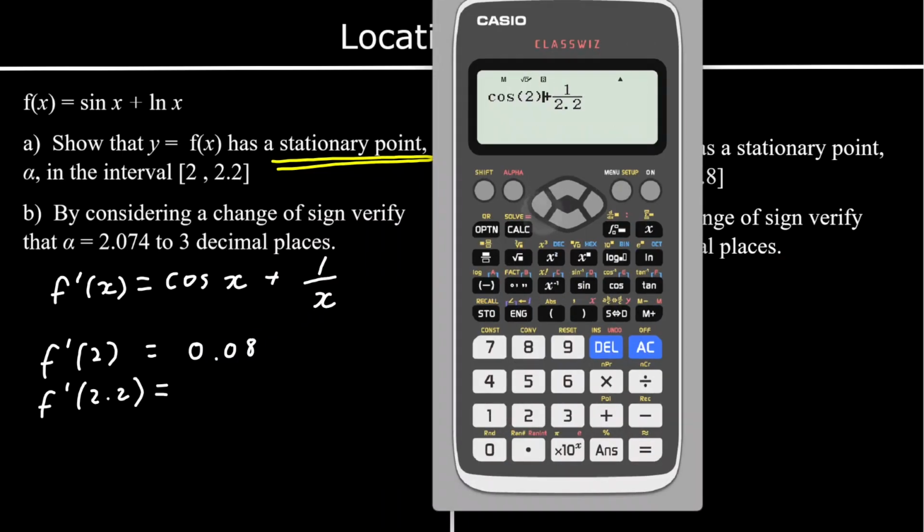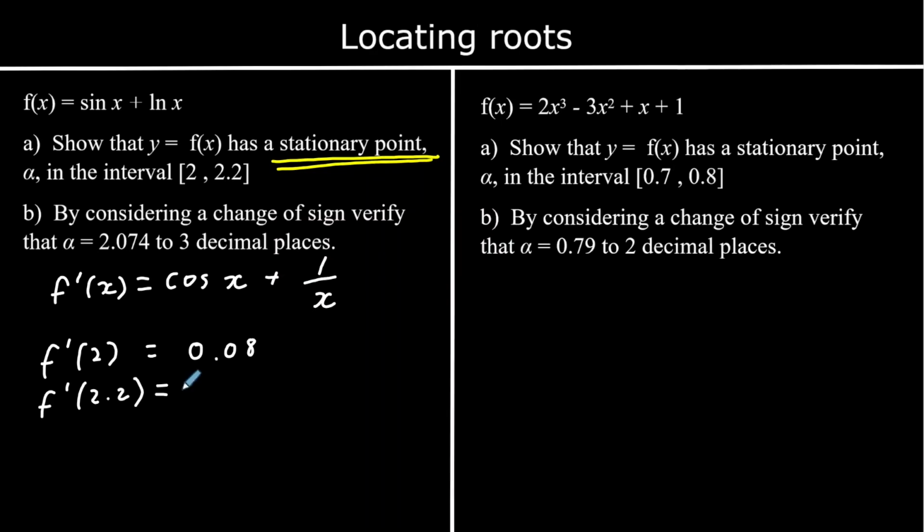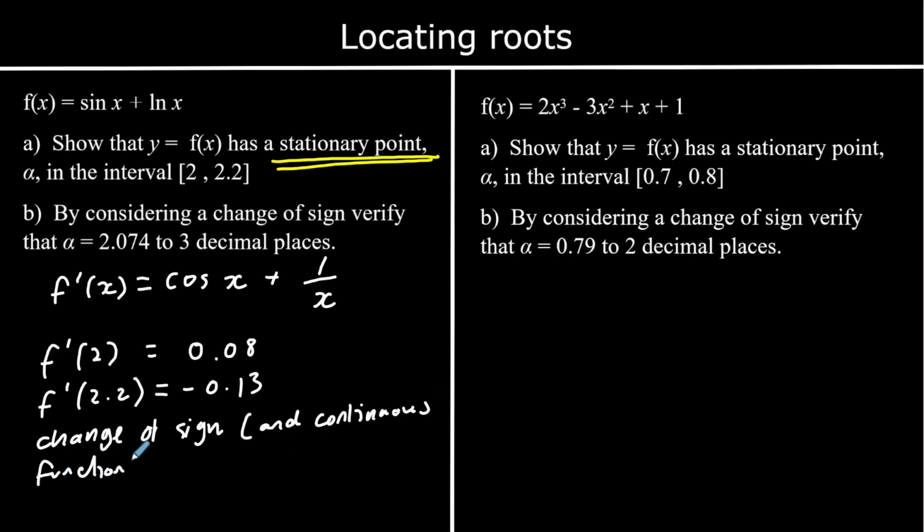And for 2.2, we have negative 0.13. So we can see we've got a change of sign and a continuous function. So we have alpha is between 2 and 2.2.